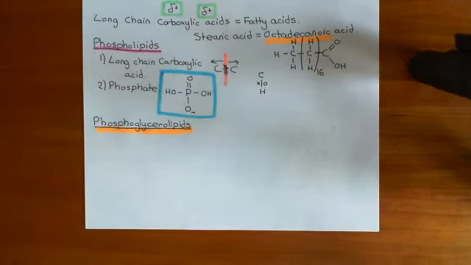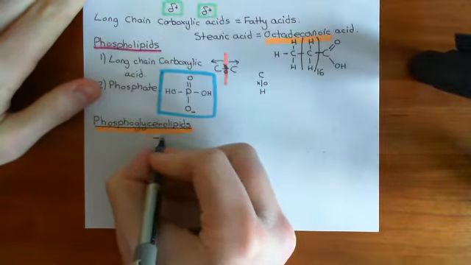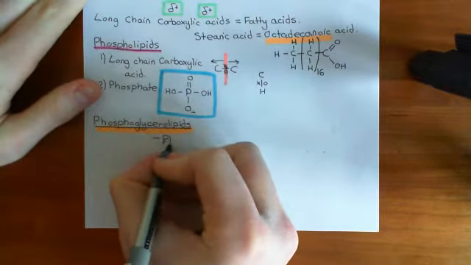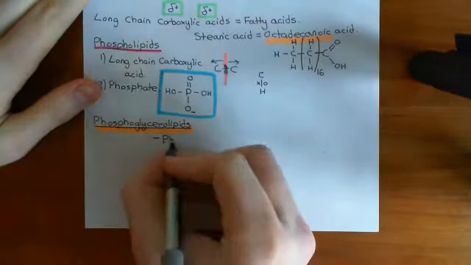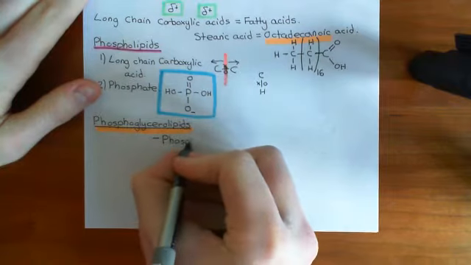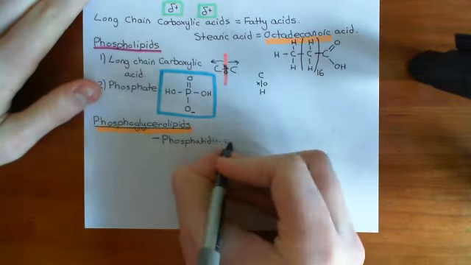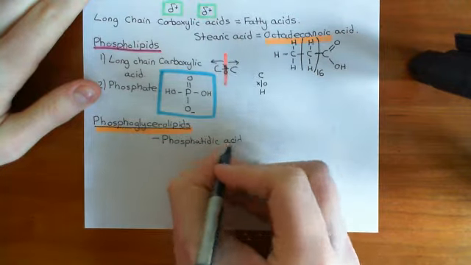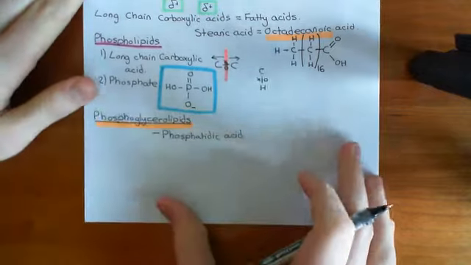Okay, so let's now discuss phosphoglycerolipids. So all phosphoglycerolipids are based upon the structure of one type of molecule. It's not one molecule, as we'll see. They're based on a molecule known as phosphatidic acid. I want to now discuss what phosphatidic acid is, because it's the core phosphoglycerolipid.